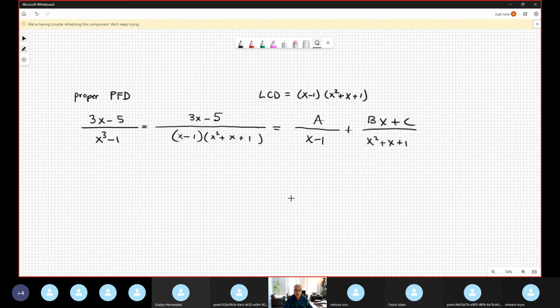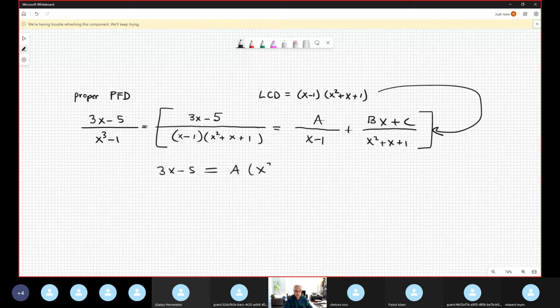Okay. Now ready to multiply the entire equation by the LCD. It's obvious that we have 3x minus 5 only. We have A times x squared plus x plus 1. And we have bx plus c multiplication by x minus 1, correct?